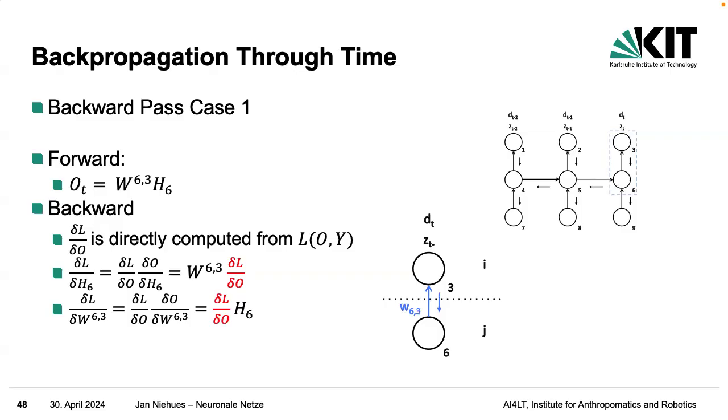And then for the one with respect to W63, we do the same thing, and now it's just H6. So we can easily calculate that, and this is calculated exactly the same way as we have done it for the feed-forward pass, for the normal MLP networks.